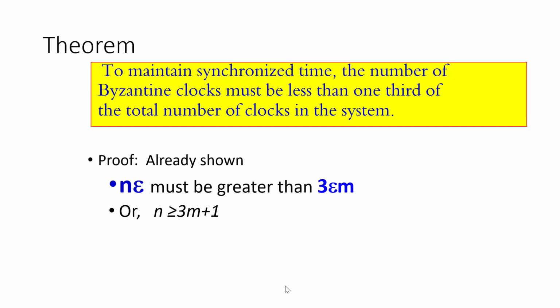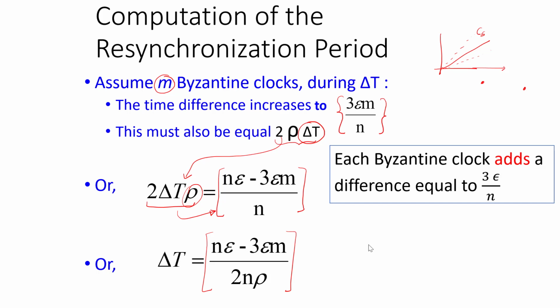So to maintain synchronized time, what we claim is that the number of Byzantine clocks should be less than one third of the total number of clocks in the system. So if you see, this will basically come from here, that n epsilon should be greater than 3 epsilon m, and given that both are integers, right?